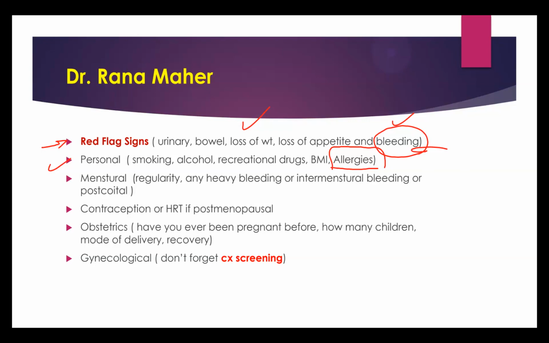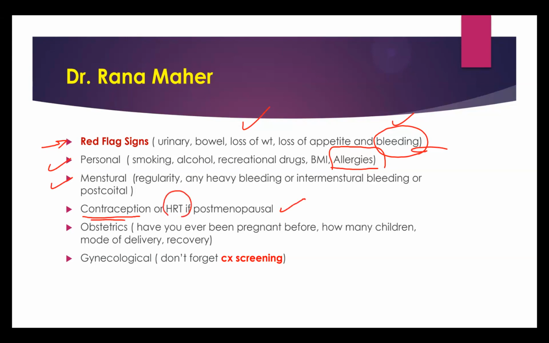Menstrual, if the patient still has periods. So what about the regularity of the period, any heavy bleeding, intermenstrual bleeding, or postcoital bleeding? And if the patient still has periods, please ask about the contraception. If the patient is postmenopausal, ask about the HRT.